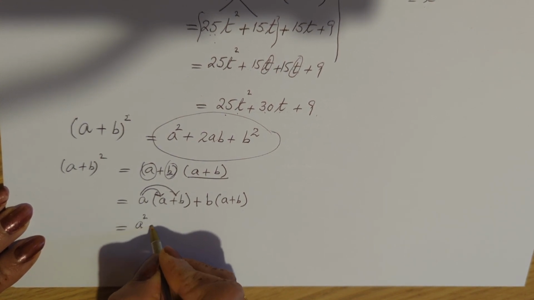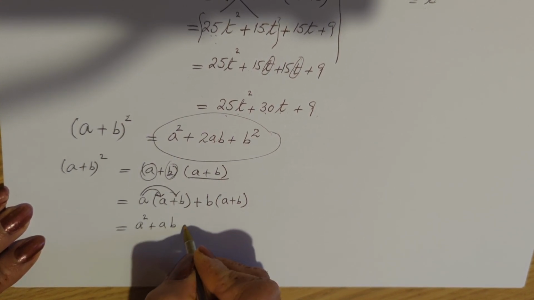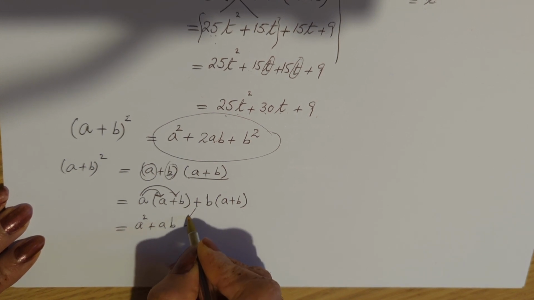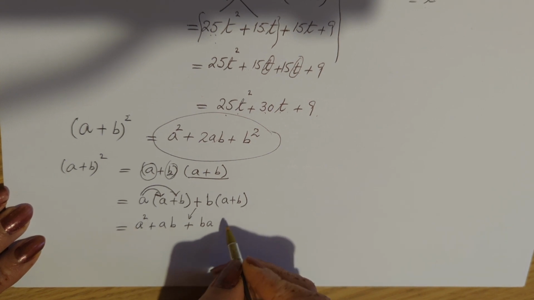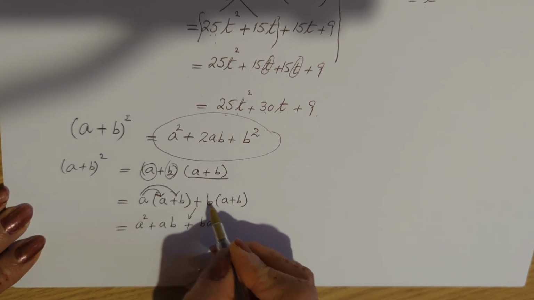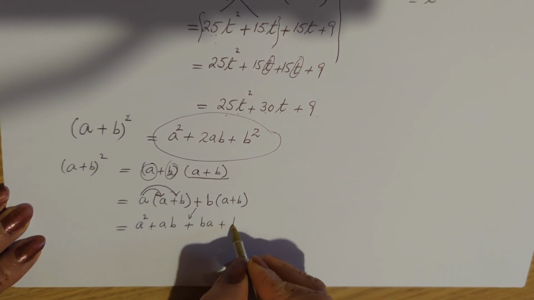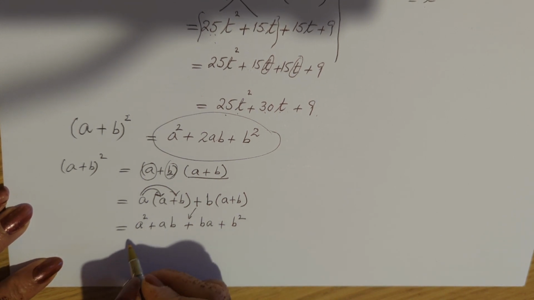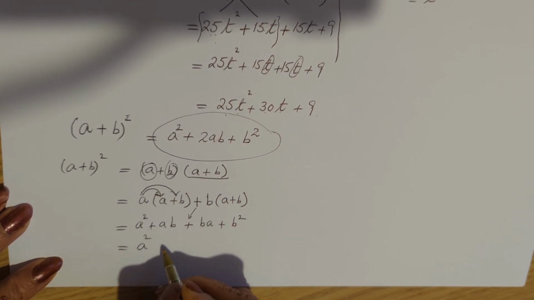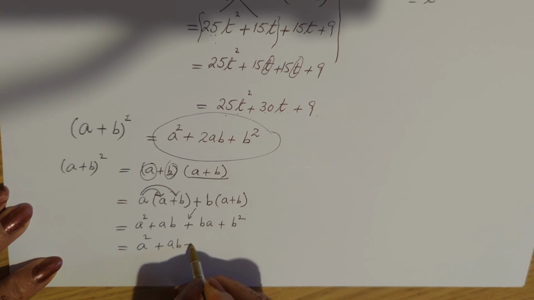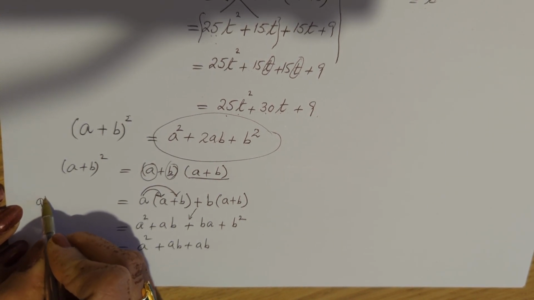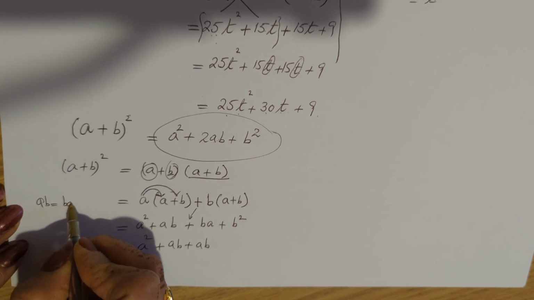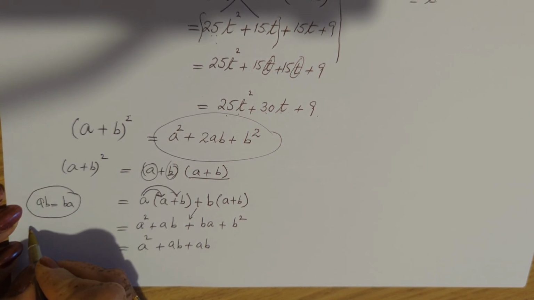So a square plus ab, this plus sign comes here, b will multiply by a, it will give you ba, or you can write it ab, and then this b will multiply by b, it will give you b square. So we will get a square plus ab, because ab is equal to ba, according to the commutative property.